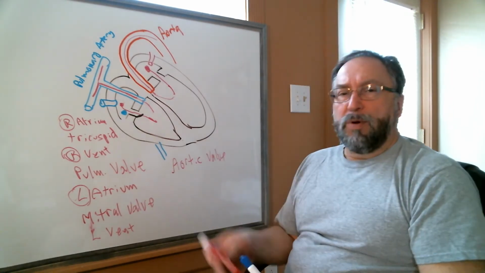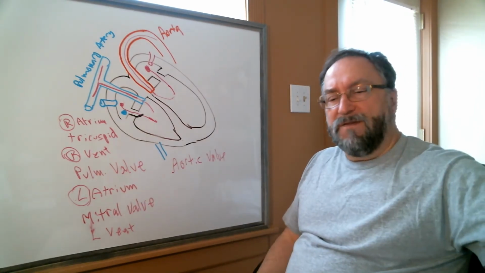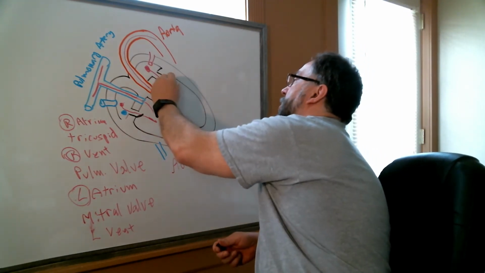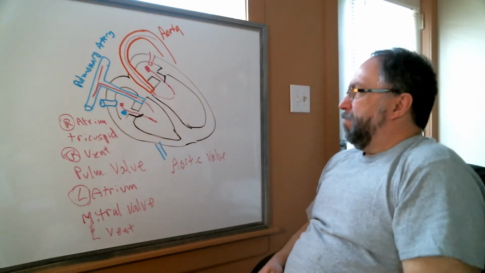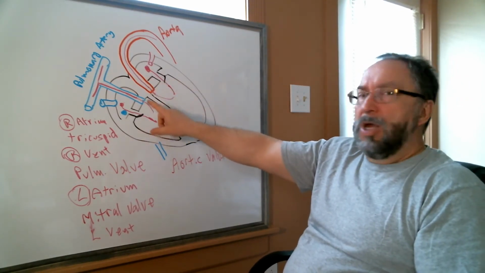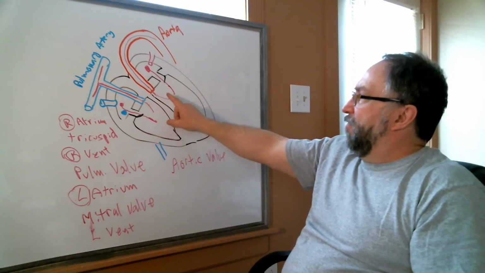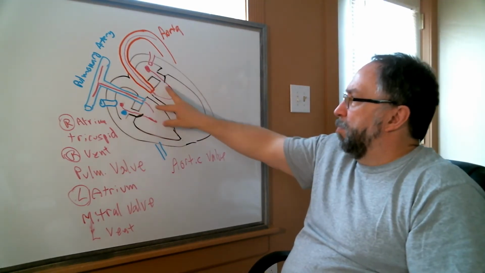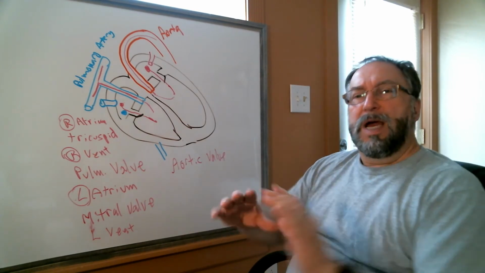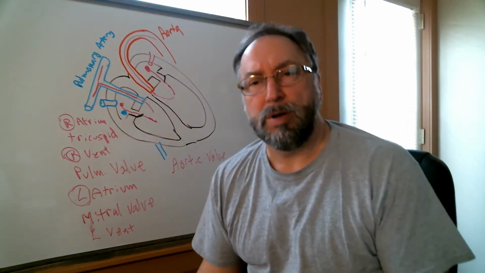The thing to remember about the heart with these defects that we're going to be talking about is you've got to think about what work is being done here. You've got the atria, which are pumping blood down into here. Think of it this way. Diastole is the time that the heart is relaxed.